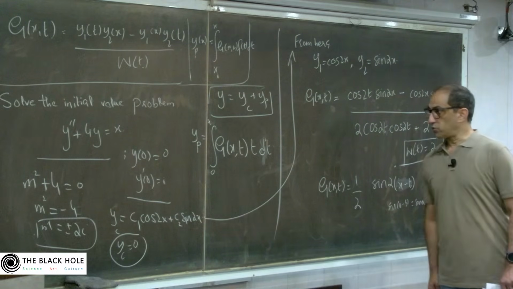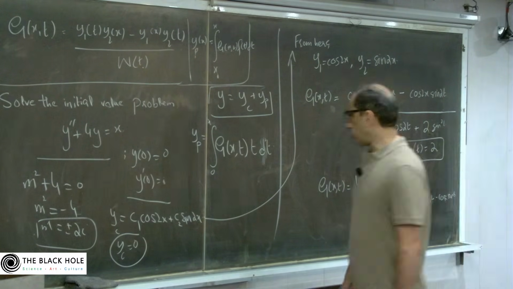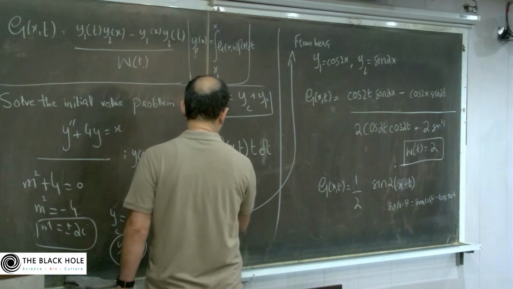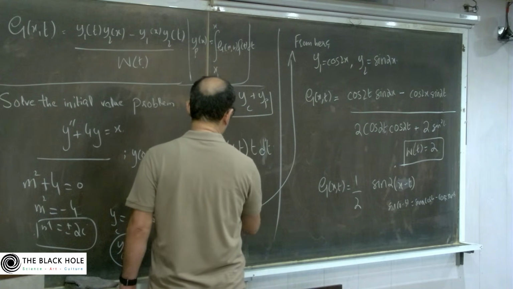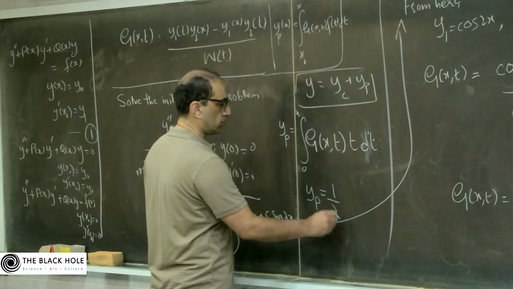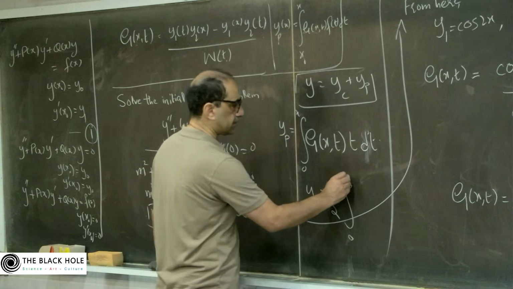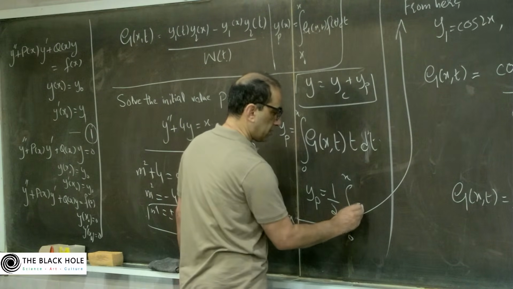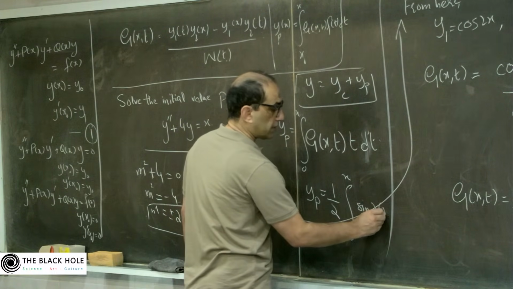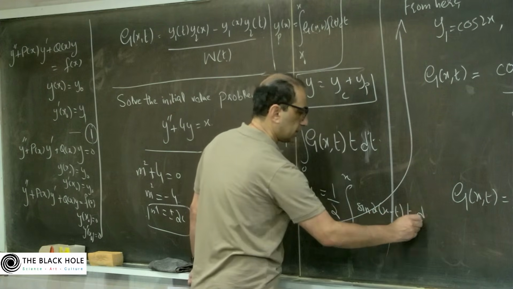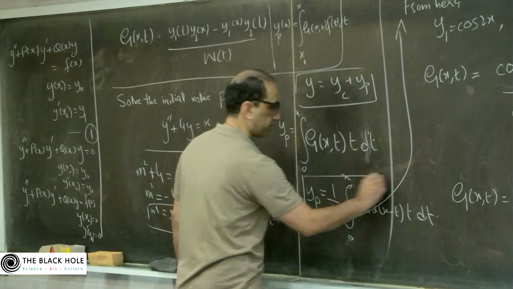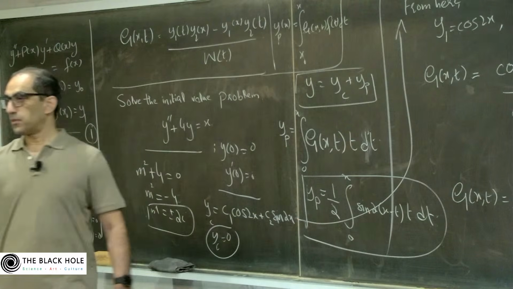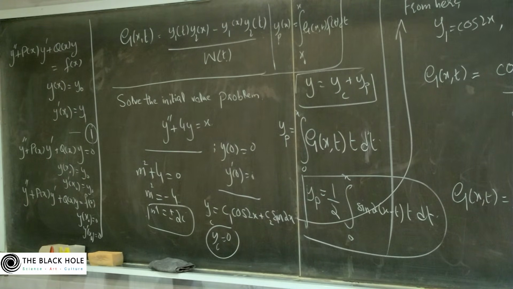All right. So now straight away we can go here and write that my yp is equal to 1 by 2, integral from 0 to x, of this whole thing, which is sine of 2 times x minus t, t dt. Now solve it. What is a better way of solving it, Laiba?